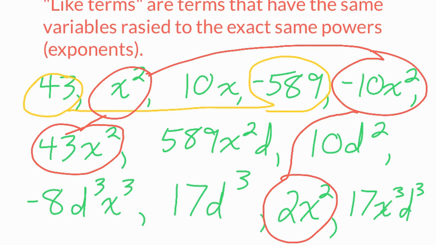But there are some more terms that do go together. Actually, this one over here is a like term with this term over here. They both have d to the 3rd power and x to the 3rd power. Alright, so these also would go together.